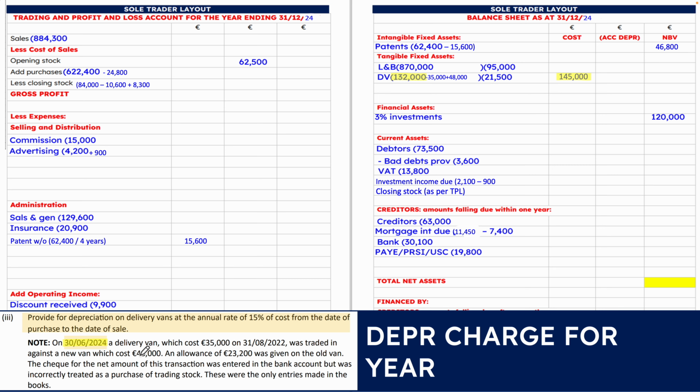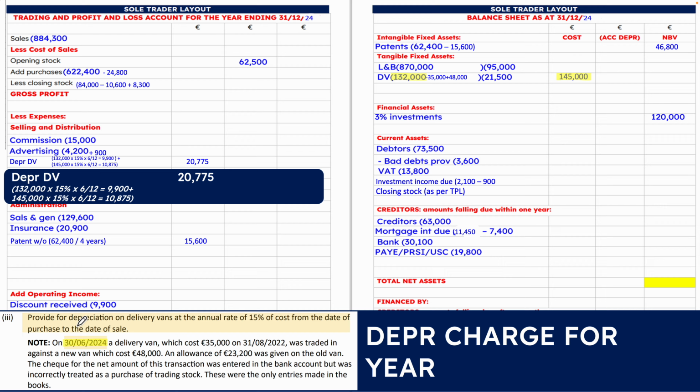And the first sentence here says to provide for depreciation on delivery vans at the annual rate of 15% of cost from the date of purchase to the date of sale. So for us to calculate the depreciation, we just take the 132 by 15% by 6 of the 12 months, which is 9,900.